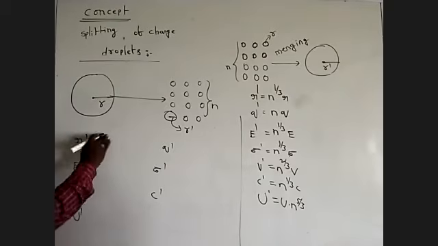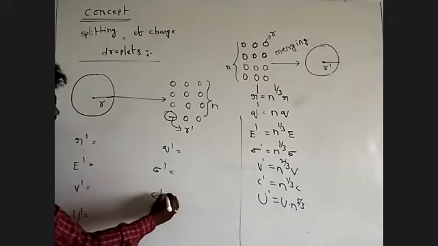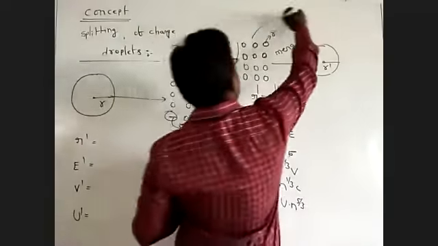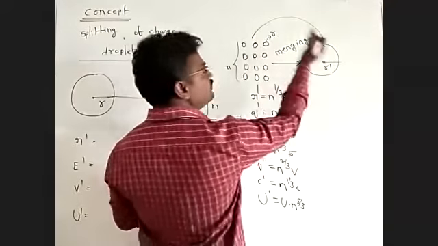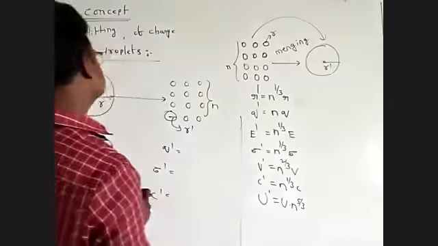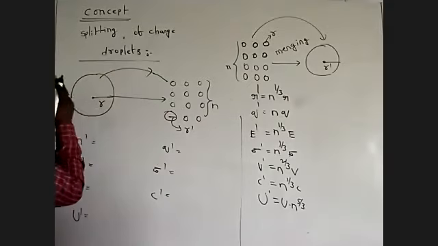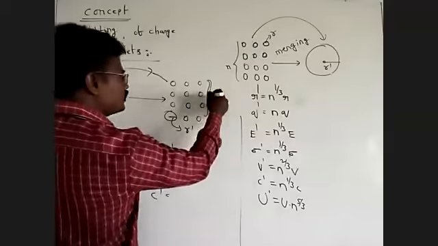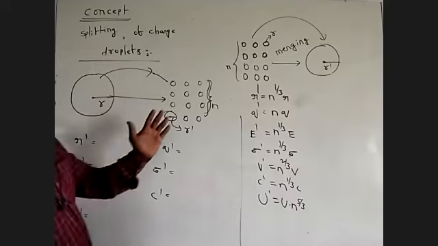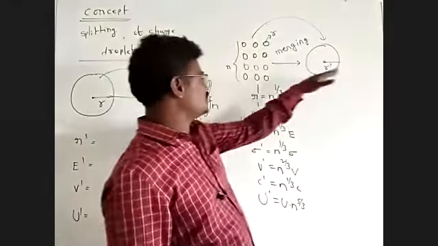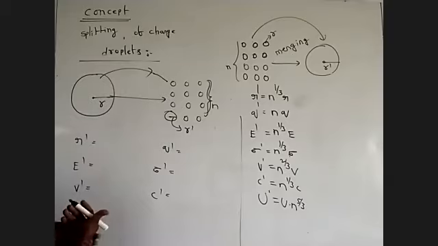We already know that small droplets come together to form a large droplet. Here, a large water droplet can be split into a number of small droplets. It is the reverse process: small drops into a large drop, and now the large drop into small drops.